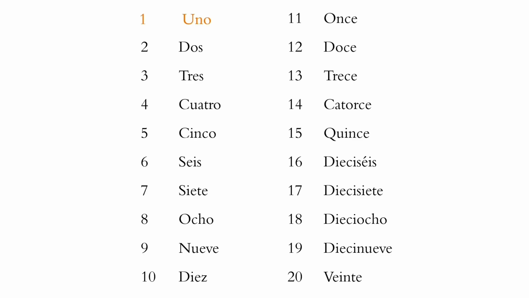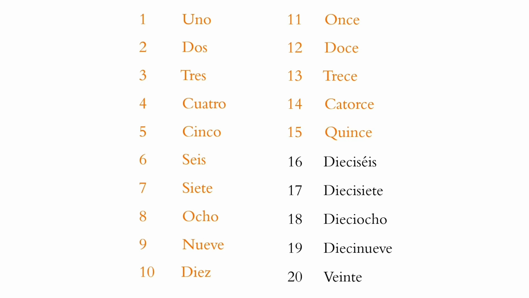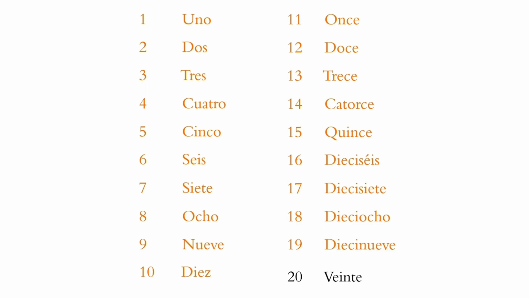Let's review. 1, 2, 3, 4, 5, 6, 7, 8, 9, 10, 11, 12, 13, 14, 15, 16, 17, 18, 19, and 20. One thing to note is that the number 16 has a written accent mark.